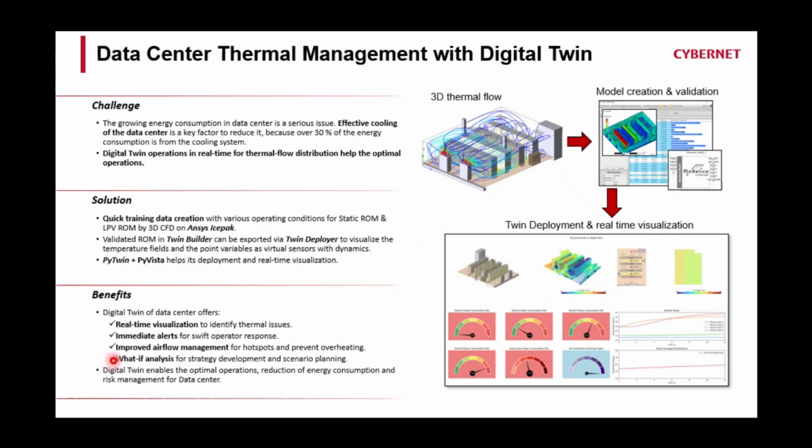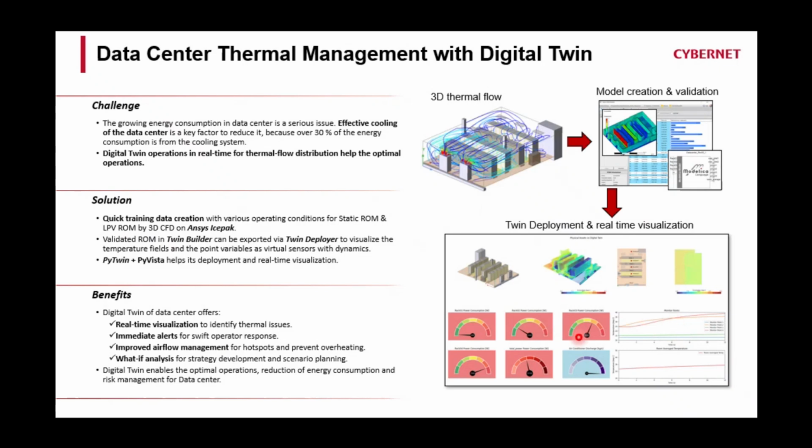Ultimately, once you have this, you get to see the real-time visualization to identify the thermal issues. And of course, if something comes up, you get to immediately see the instantaneous effect. Let's say, like I mentioned earlier, the C-rack suddenly stops working, and then you get to see the temperature increase.